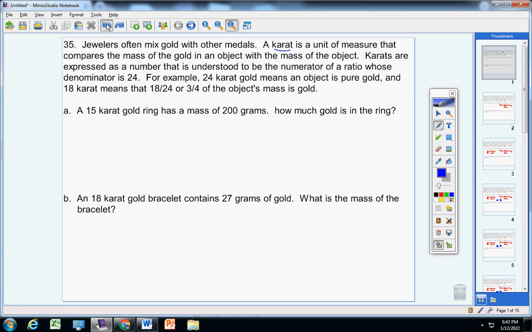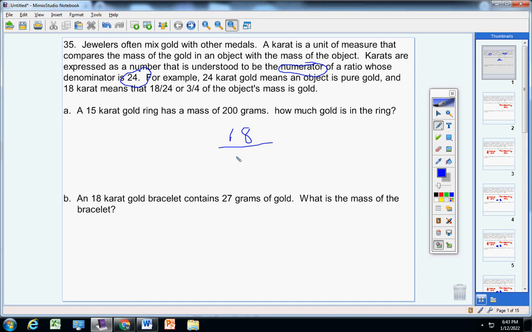Now, they do this by expressing a number that is understood to be the numerator. So when they say it's 18 karat gold, 19 karat gold, 20 karat gold, those numbers are the numerators, and the denominator doesn't change.